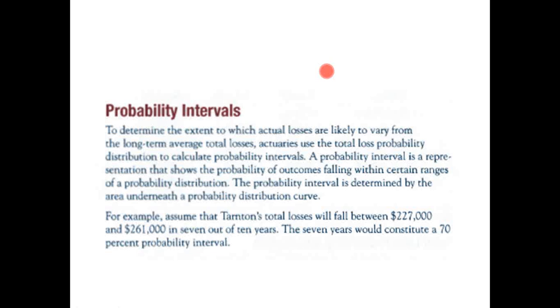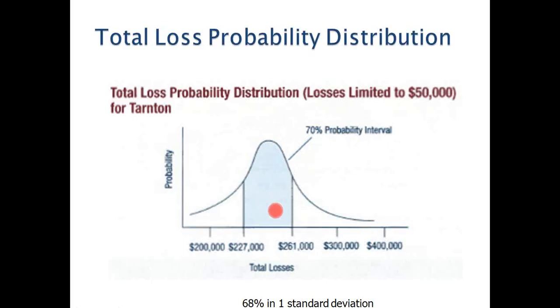So in the example, they assume Tartan's total losses will fall between 227 and 261,000 in 7 out of 10 years. The 7 years will constitute a 70% probability interval, or a lot of times we use confidence level. So basically what they're saying is 70% of the time the claims are going to fall in here. Now, there's going to be several years in there, and this is what I was talking about.